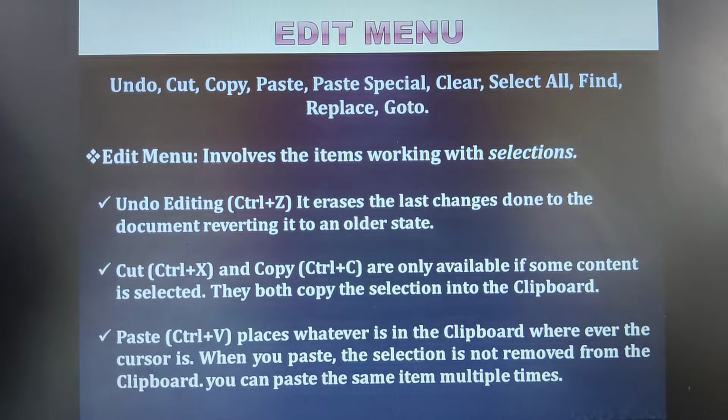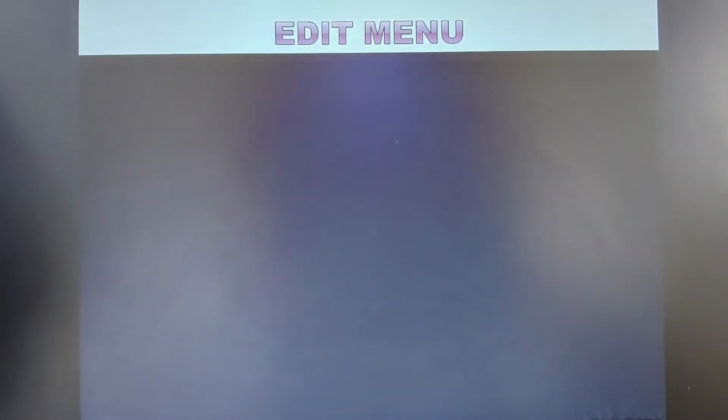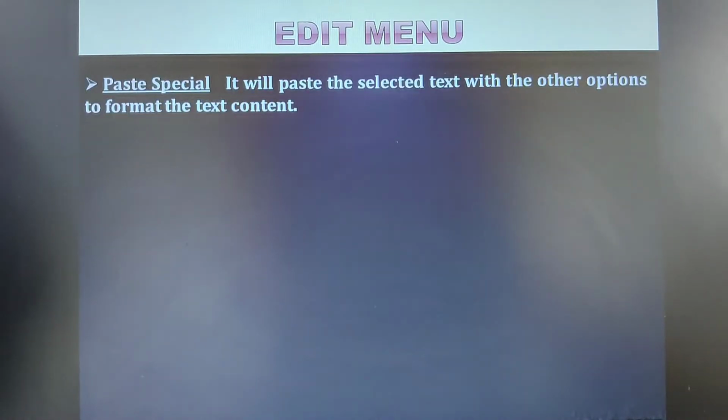The next option here is paste special. Paste special helps you to paste the contents with and without formatting. You have different options like with formatting, without formatting, or if you would like to store it in a web content format. So the different options are there in the paste special.